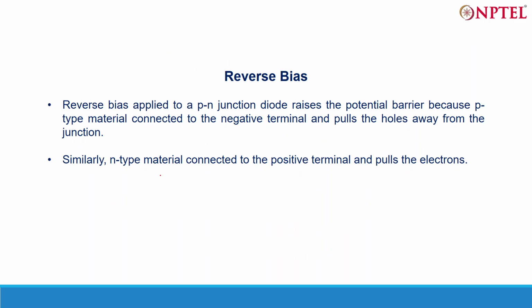So what is a reverse bias basically? Reverse bias applied to a PN junction diode raises the potential barrier, because the p-type material is connected to the negative terminal and it pulls the holes away from the junction.